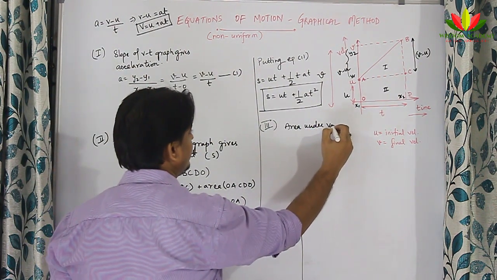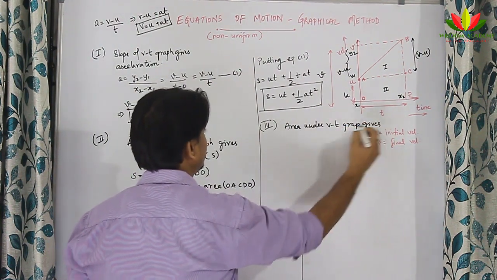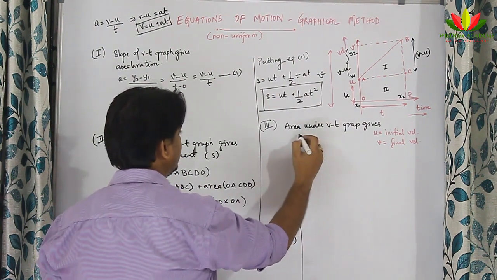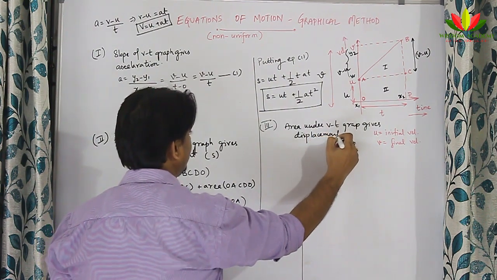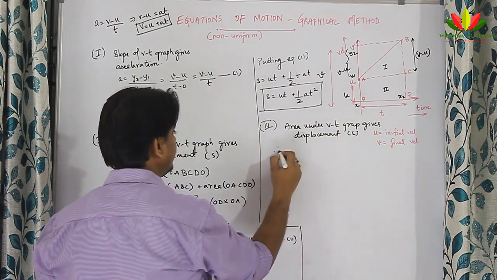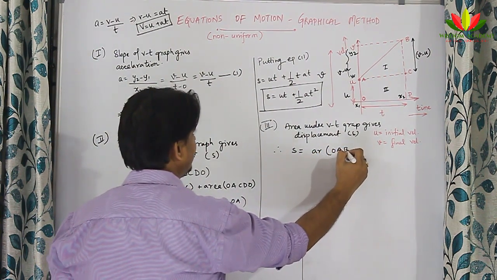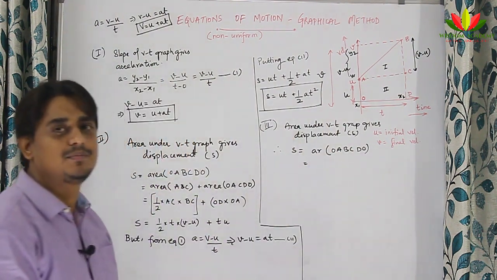Right. So we know that the area under the v-t graph gives displacement, that is S. Therefore, S is equal to, same thing I am writing, the area OABCDO, that is the area of a trapezium. What is the area of a trapezium?